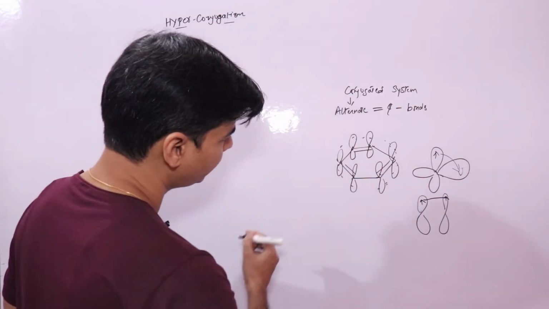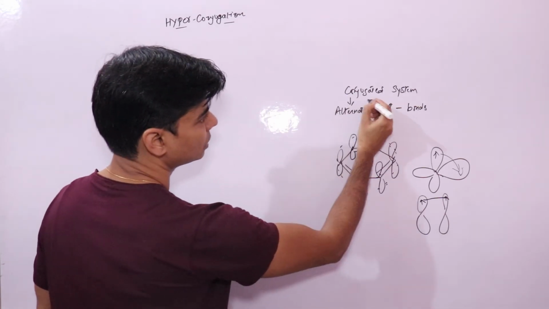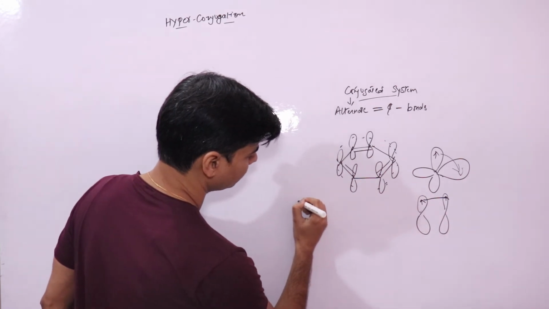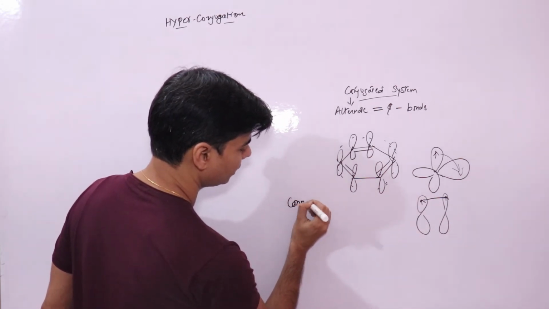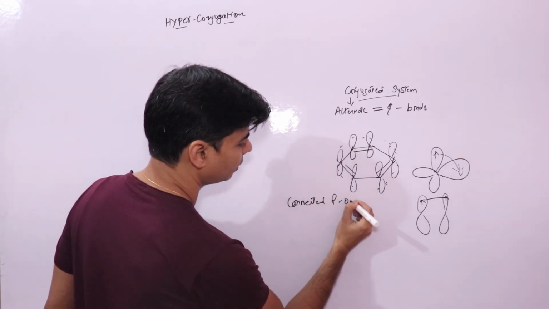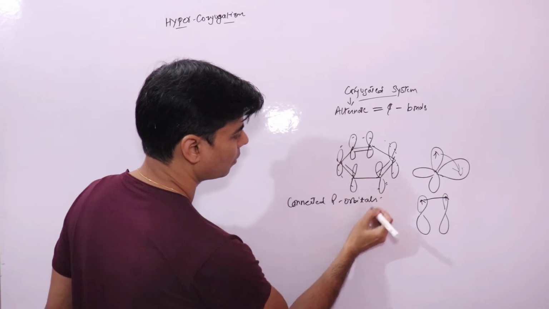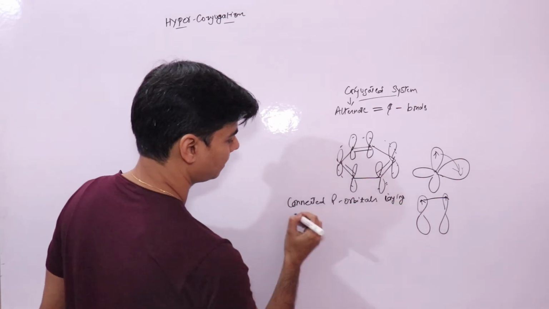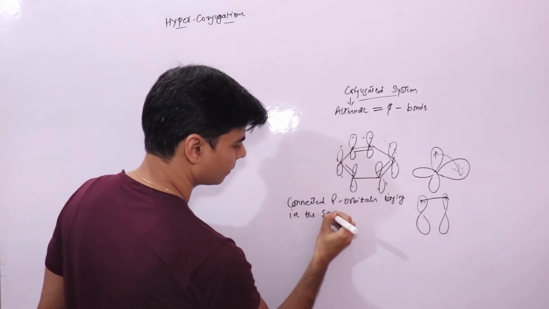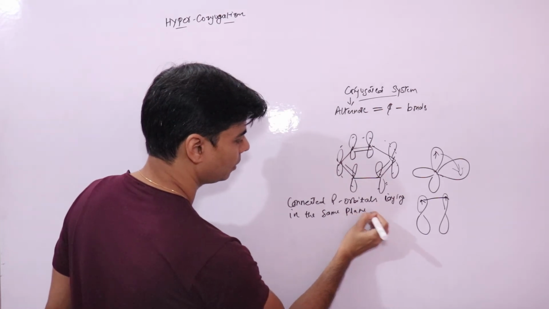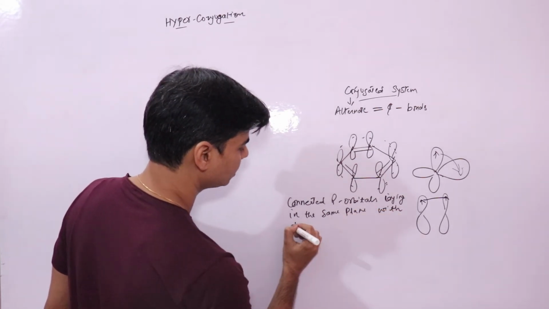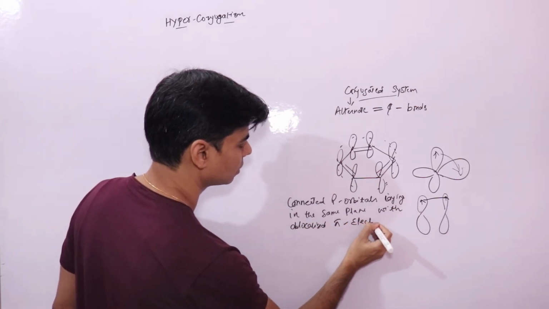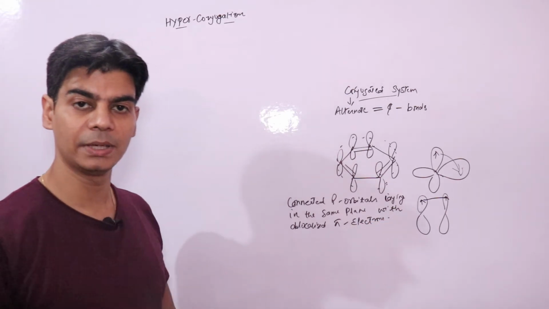So I'll just mention it over here. It's a conjugated system: alternate double and single bonds, or a system of connected p orbitals lying in the same plane with delocalized pi electrons, which gives stability to the system.